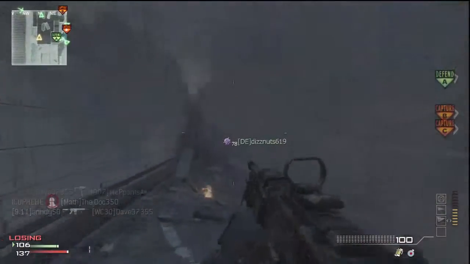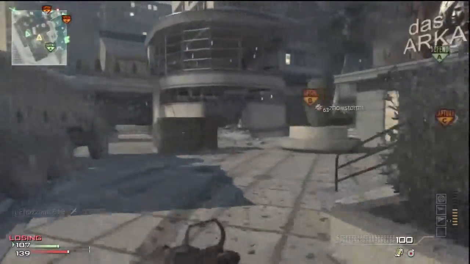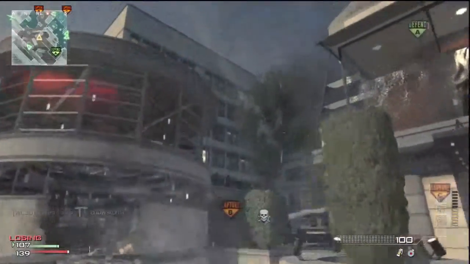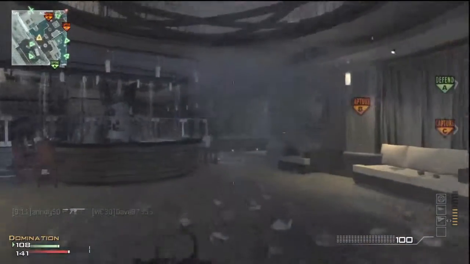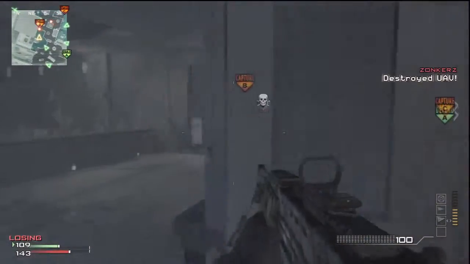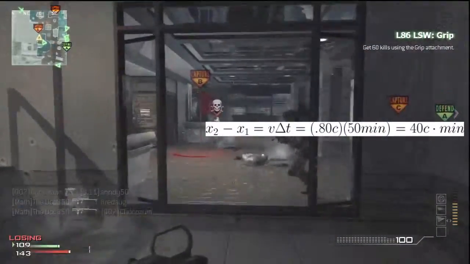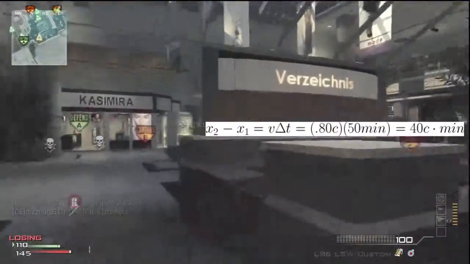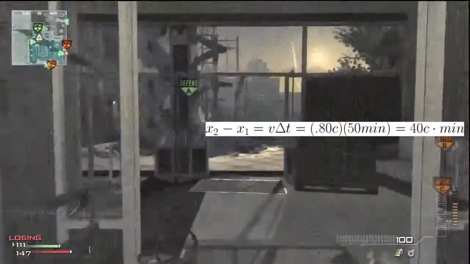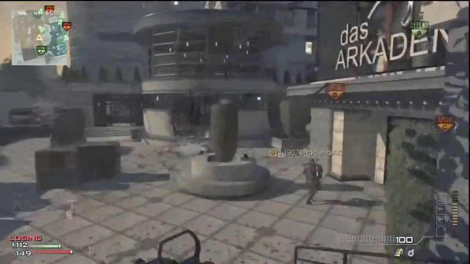We're going to calculate the distance: the first distance minus the second distance, x2 minus x1, or the final position minus the initial position. We multiply that by the speed and the time difference, and we get 40 light minutes. That's the distance traveled by the spaceship, 40 light minutes.